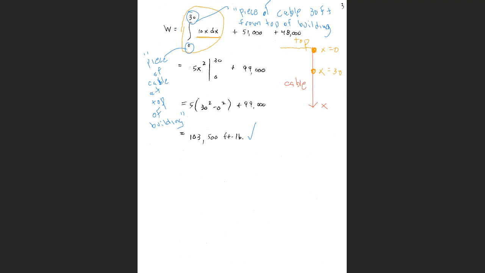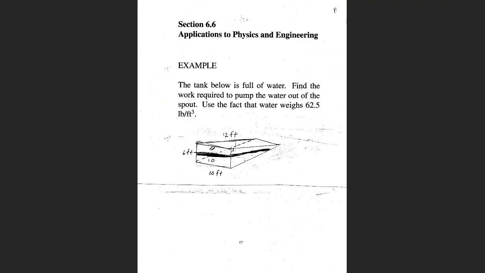All right, let's look at another problem here. Let's look at a tank problem. Now the book has a tank problem as well, example 4. This problem here is an additional problem to the book problem. So let me give you a moment to copy this example down. Copy the picture too.